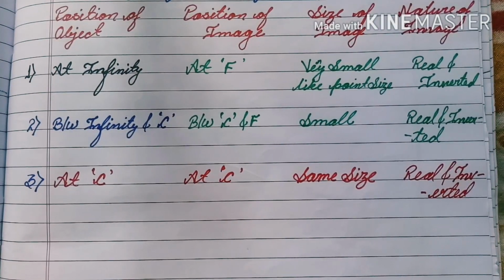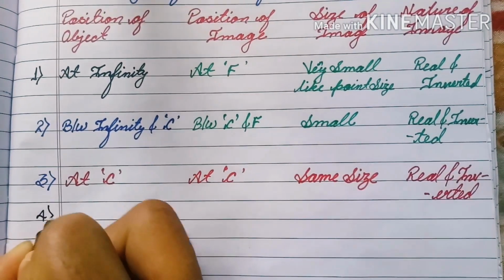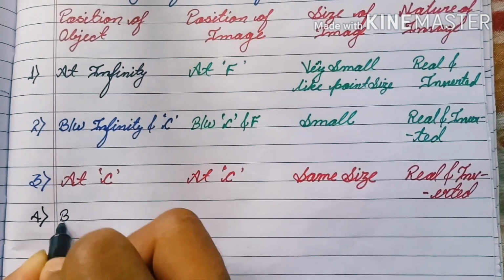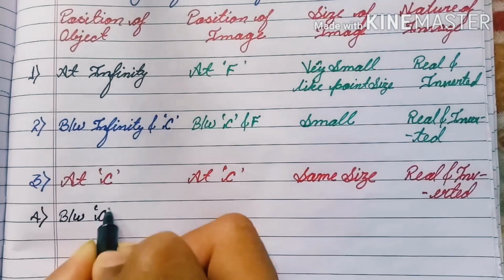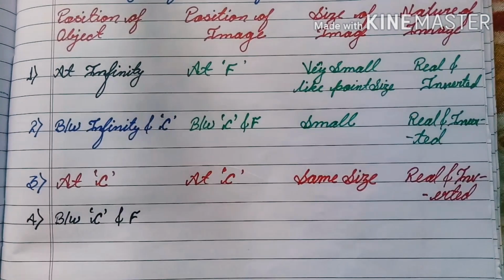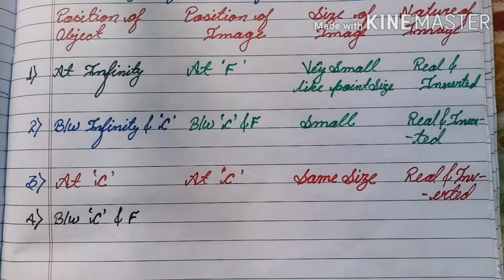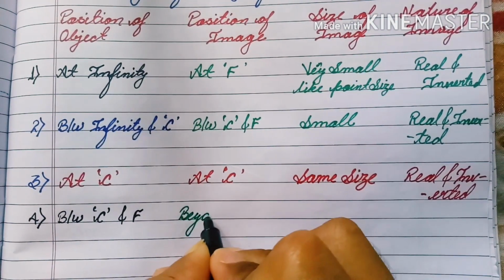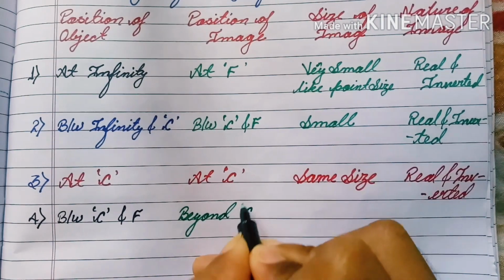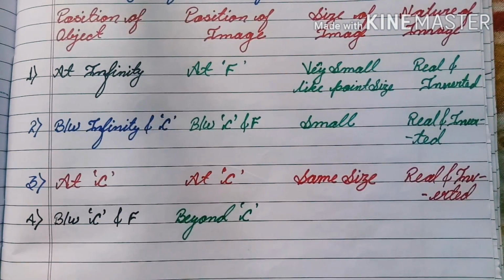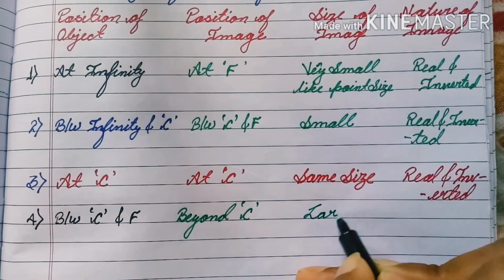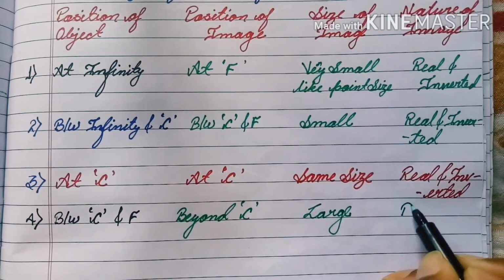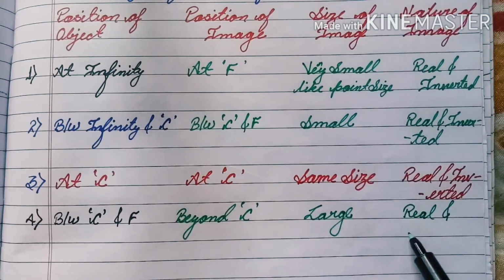Now the fourth case is when the object is placed between center of curvature and focus. The image is formed, students, beyond center of curvature, and the size of the image is large. Again the nature of the image is real and inverted.